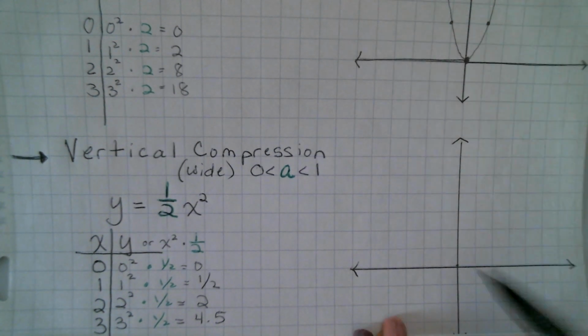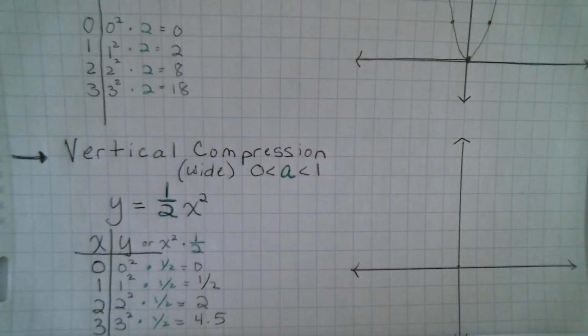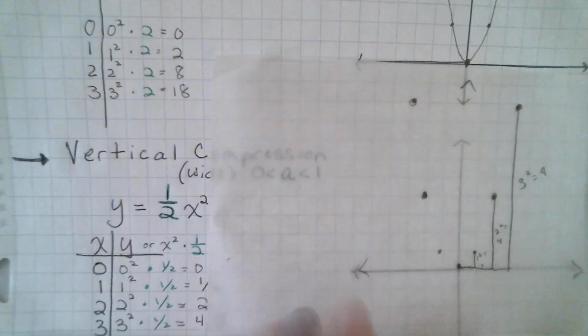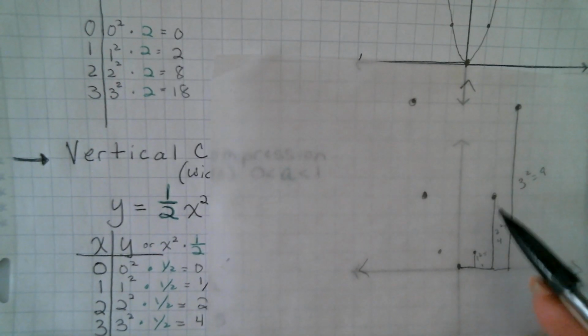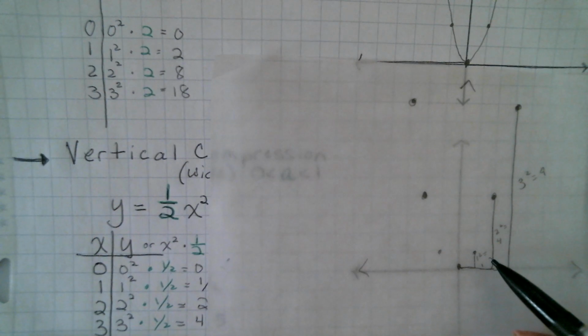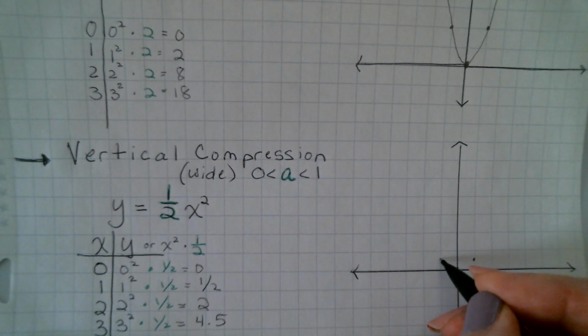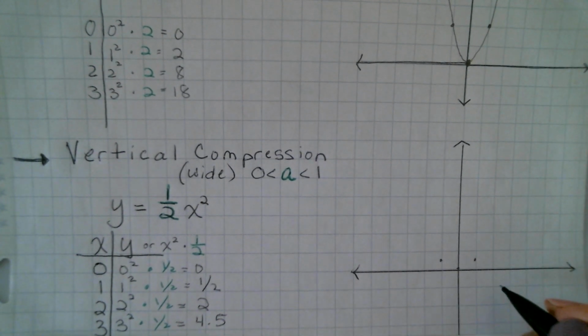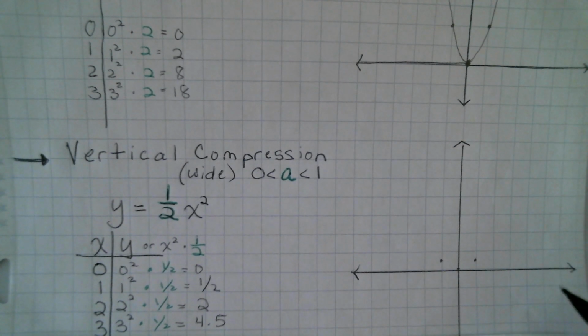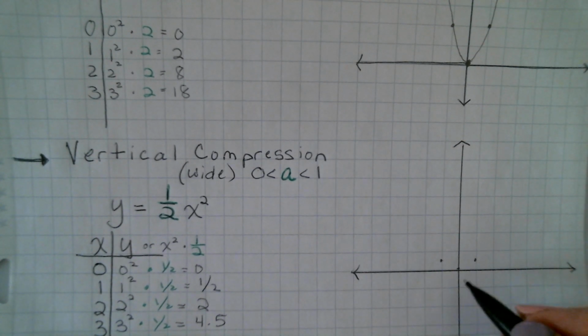We're squashing it down. So again, whereas with our master graph we went up 1, we're going to go up half of that. We went up 4, we're going to go up half of that. So, knowing that can really help us in graphing, so that we're not spending so much time trying to figure out, well, where's the next point, and doing a lot of plug and chug, right?